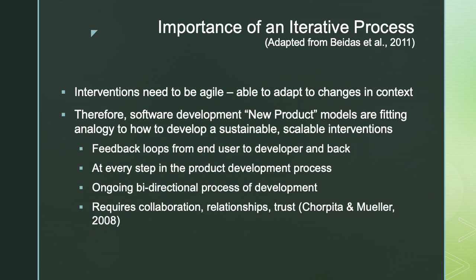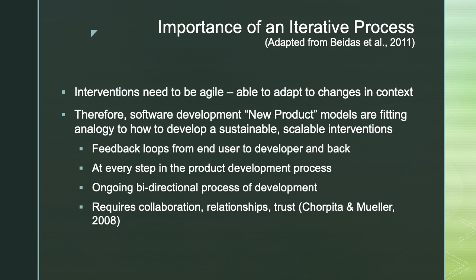Iterative processes require an openness to reinforcing effort, to recognizing that even the best efforts are going to fail at some degree, and that our hope is to learn from those failures, pick up, and keep going.